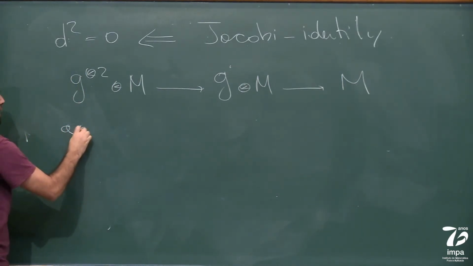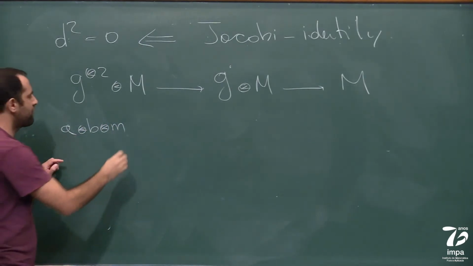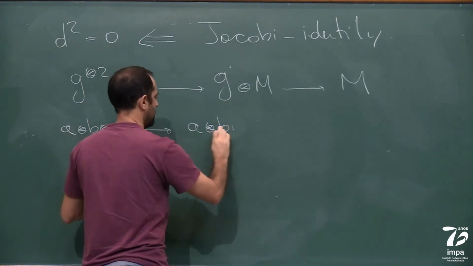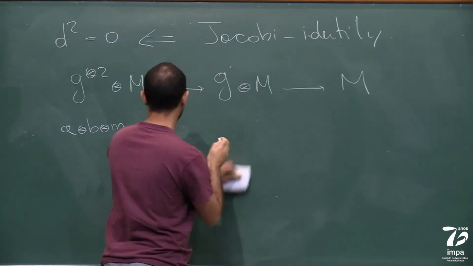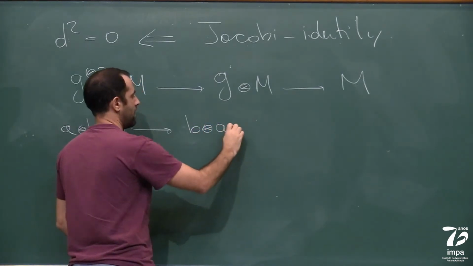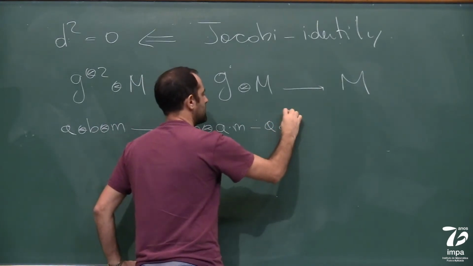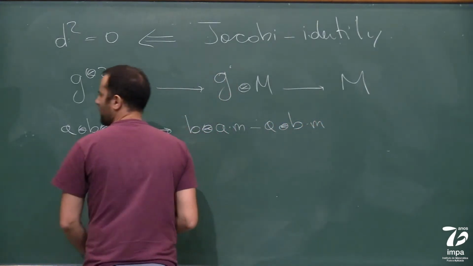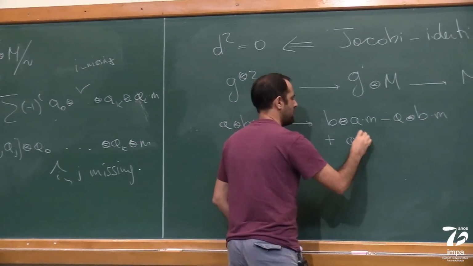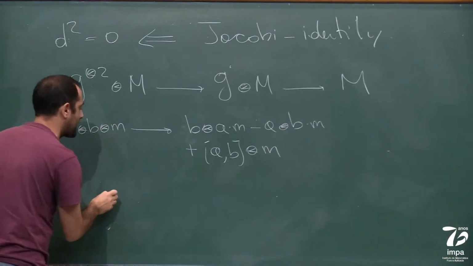And if you grab A tensor B tensor M, that differential there should send it to A tensor... Well, I think with the signs I've chosen, I might get this wrong, but I think my signs there are of the form A acting on M minus A tensor B acting on M. And I've put a plus 1 here, so this is going to be plus A bracket B tensor with M. And now the differential there is just the action.